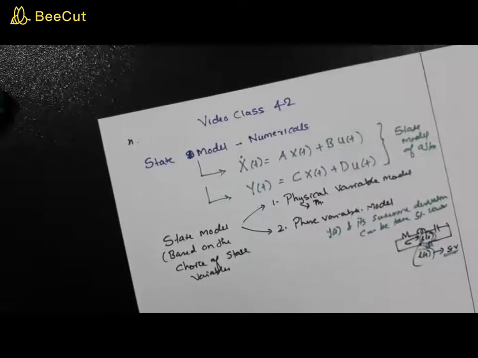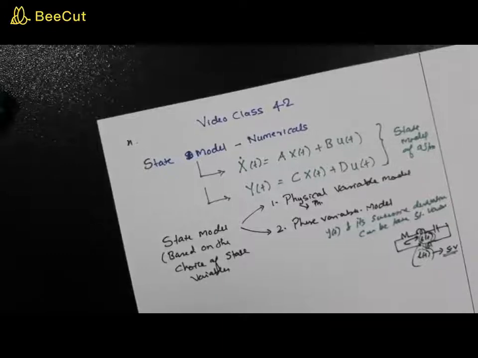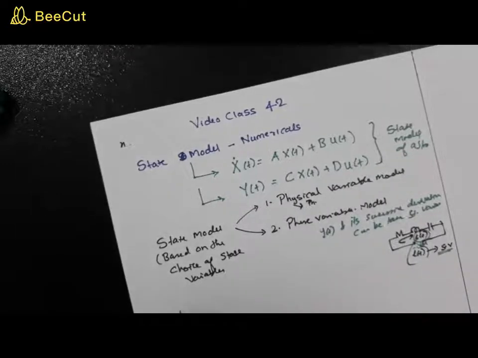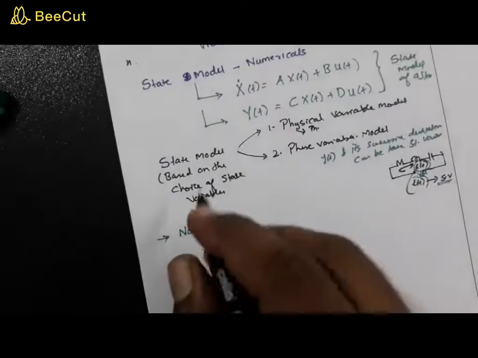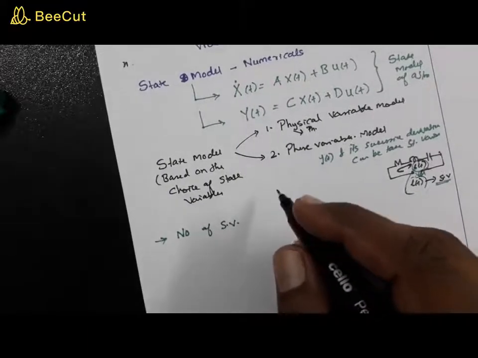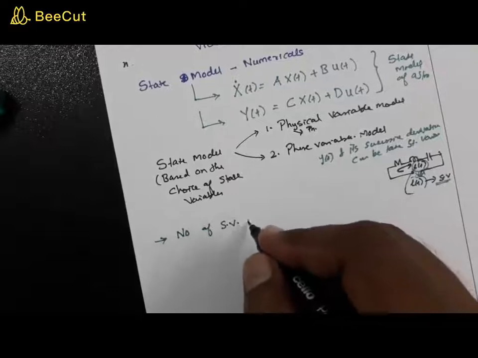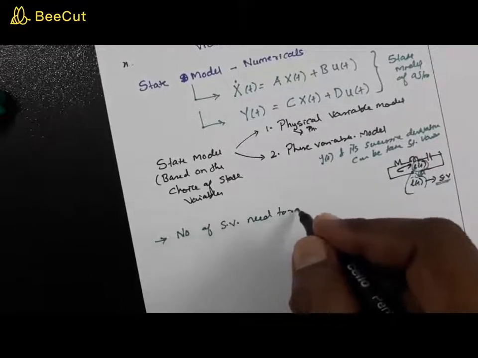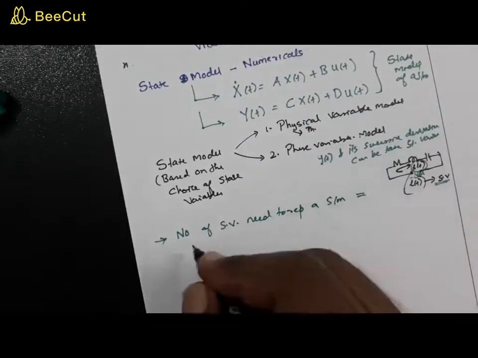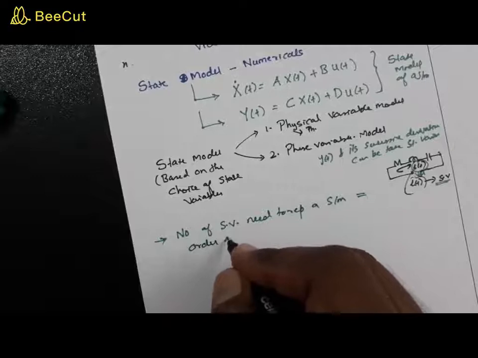Now there are three important points regarding the phase variable and the order of the system. First, the number of state variables needed to represent a system is equal to the order of the system that we have seen in the last video.